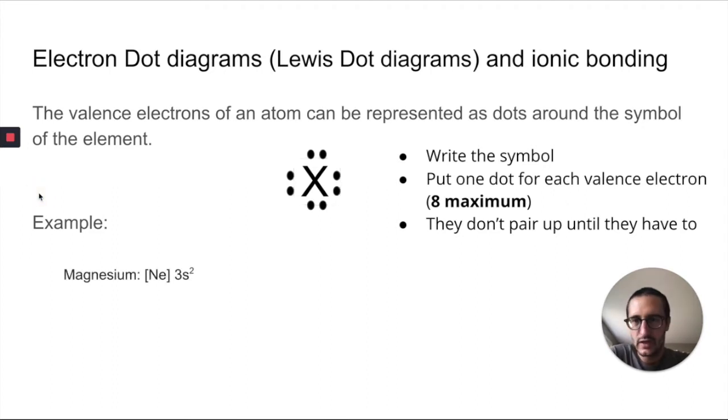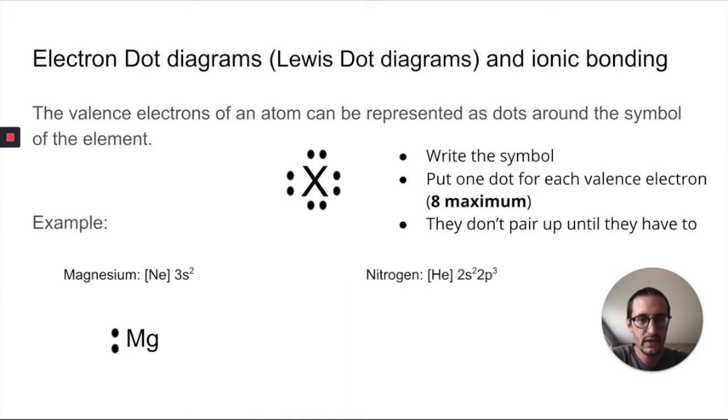A couple more examples. Here's magnesium. Now, magnesium is an alkaline earth metal. It has 2 valence electrons. Those 2 valence electrons are in an s sublevel, so I put 2 dots next to magnesium to represent those 2 valence electrons. Here's nitrogen.